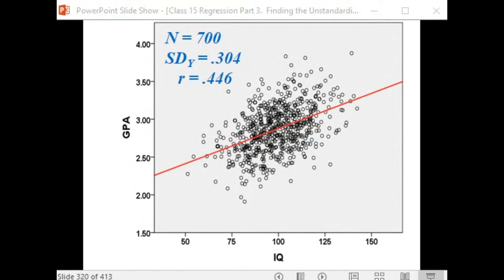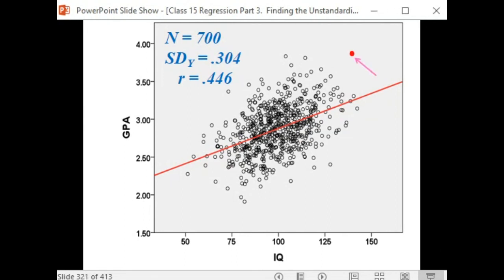The correlation between IQ and GPA in this sample of students is 44.6. The standard deviation of y, that is the standard deviation of GPA, is 0.304. And the red diagonal line is the regression line.